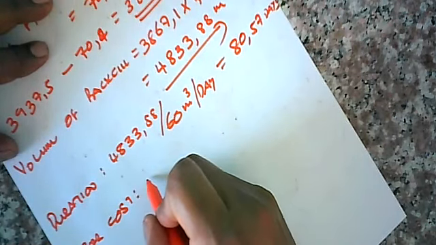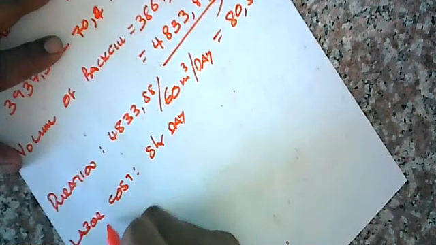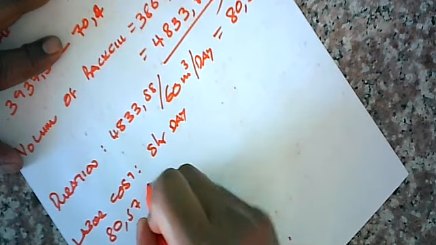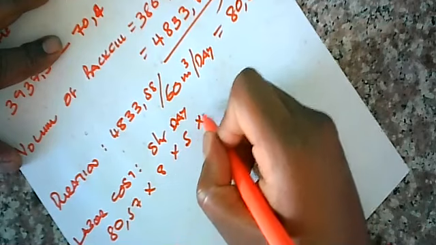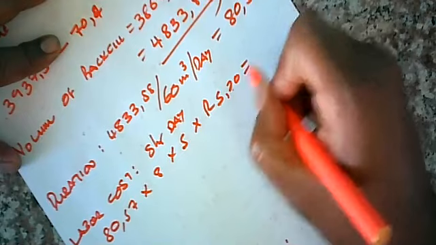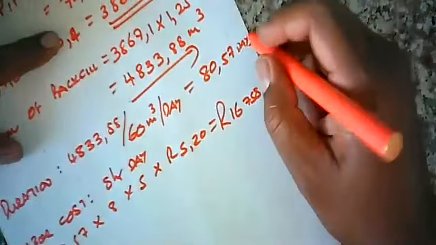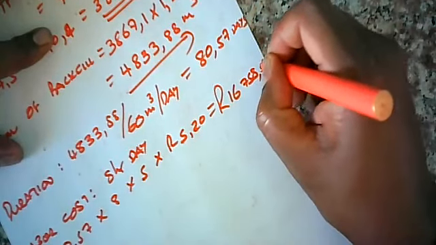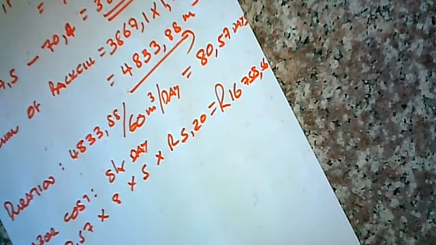And we're saying 8-hour day, which gives us 80.57 times 8 hours per day times 5 days per week times a cost of 5.20 Rand, and we get a cost of 16,758.56. All right, so that was for that activity, backfilling and ramming.